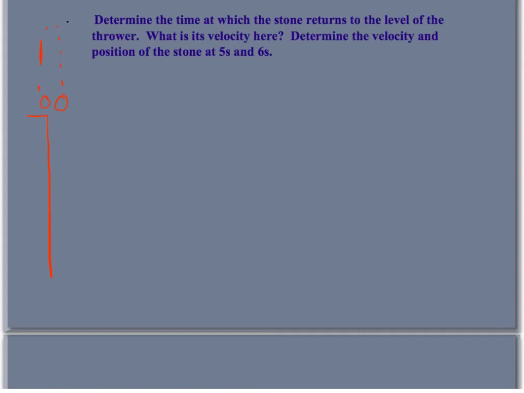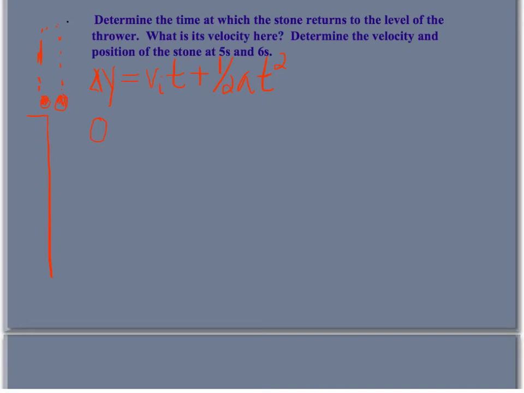So if we want to find the time that it reaches that spot, we can use that same kinematic equation that we were just using, looking at change in position being equal to VIT plus a 1/2 AT squared. In this case, our change in position is going to be 0 meters. Because the ball started at the height of the building, it went up, it came back down, and we're talking about it being at that exact same position.